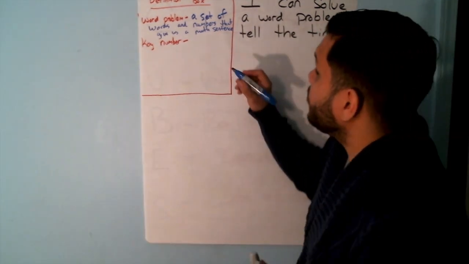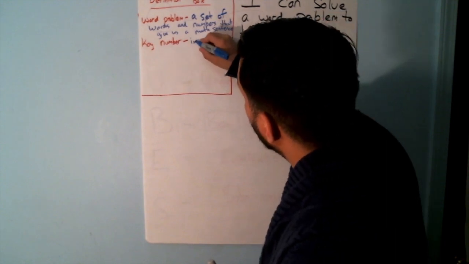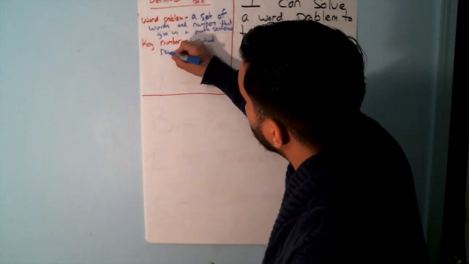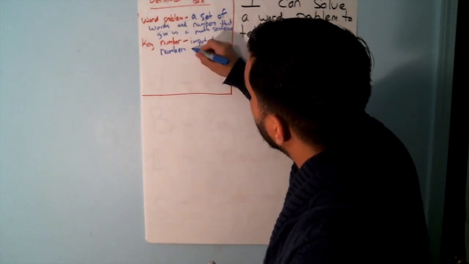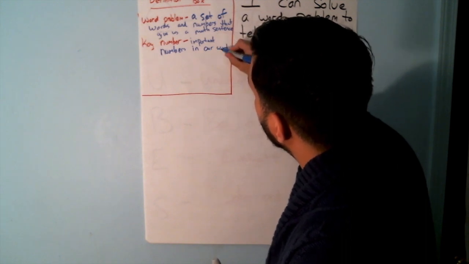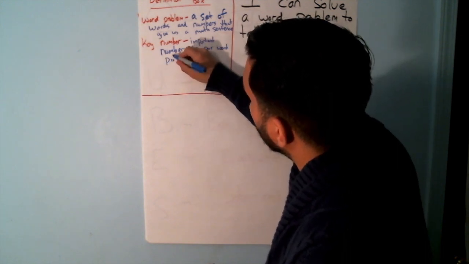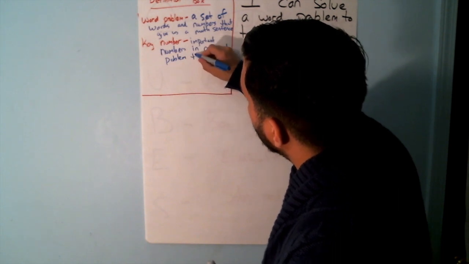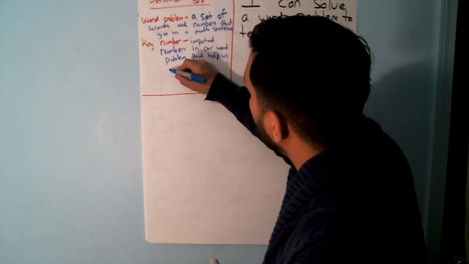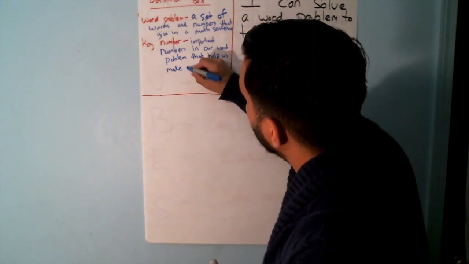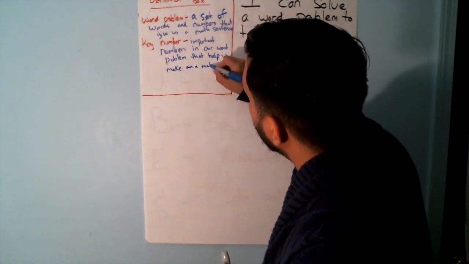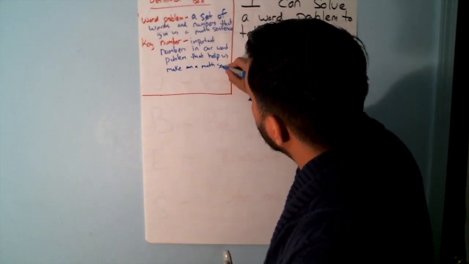So key numbers will be important numbers in our word problem that help us make a math sentence.